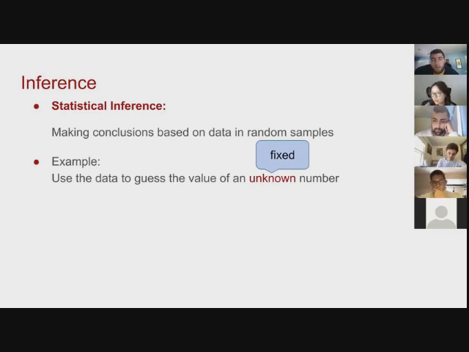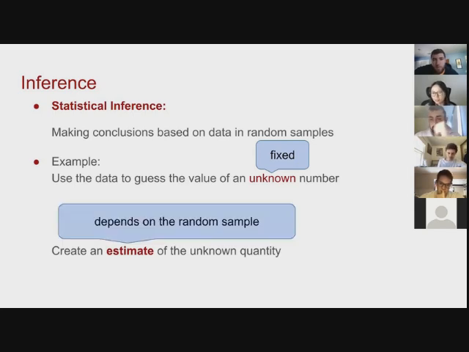It's considered fixed, but it's unknown, and we're trying to get an understanding of it. What we have from a sample is that we can create an estimate of the unknown quantity, and then the estimate is going to depend on the random sample that we take. Because each random sample that you take might be different from one another, the estimate that you're getting is random.